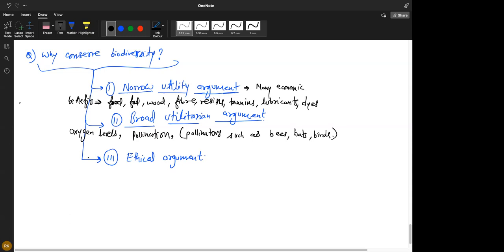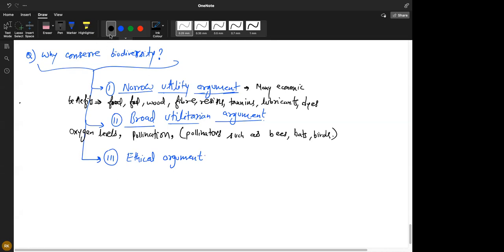It should not be the case that we are only showing our future generations birds in books and pictures, because we over-exploited, made them lose their habitats, fragmented their habitats, and now they are extinct. So ethically and morally, we are not doing good to the future generations either.